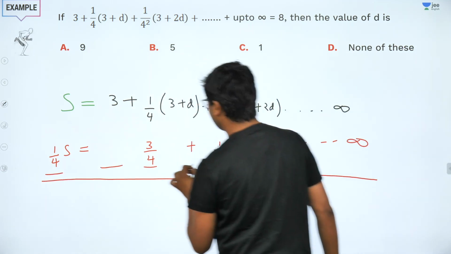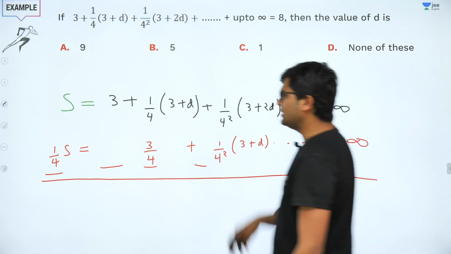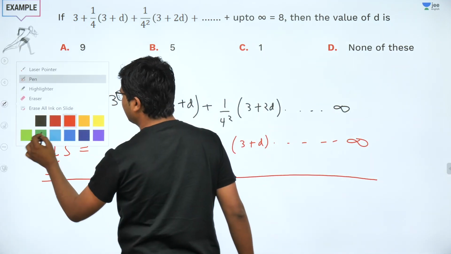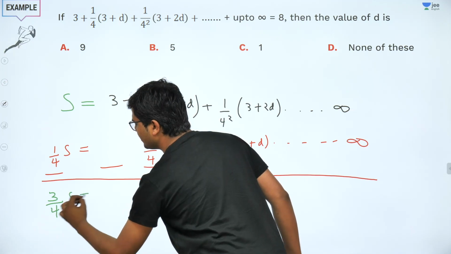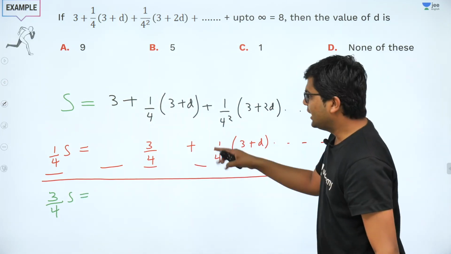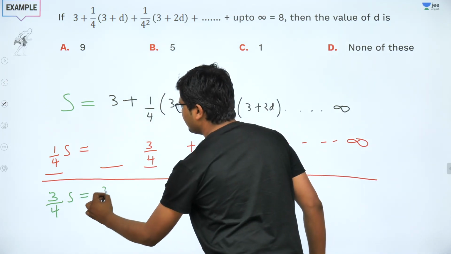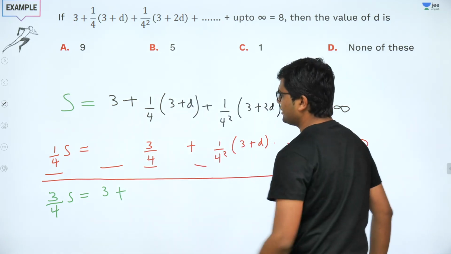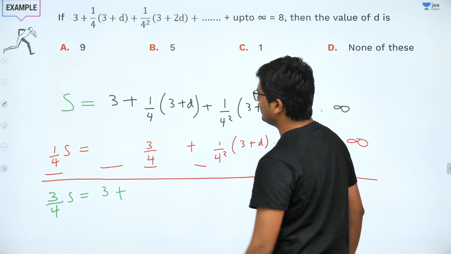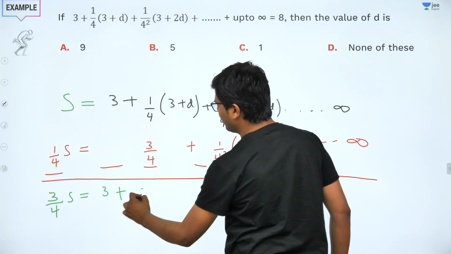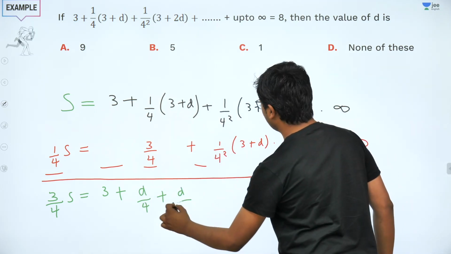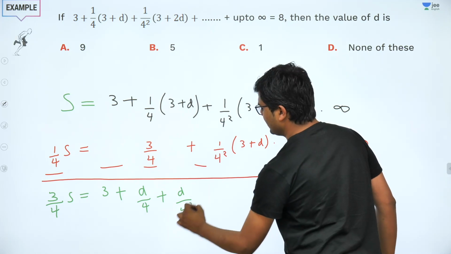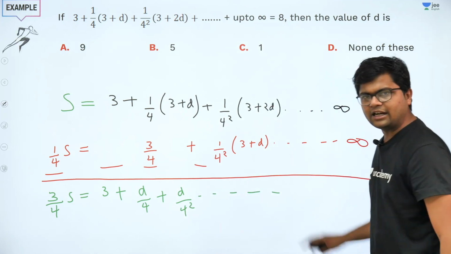On the left hand side, it will become 3 by 4 S. Getting my point now? Very easy. And on the right, 3 by 4, 3 by 4 cancel, and it will become 3 plus d by 4 plus d by 4 square, and it goes on. That is okay with everyone.